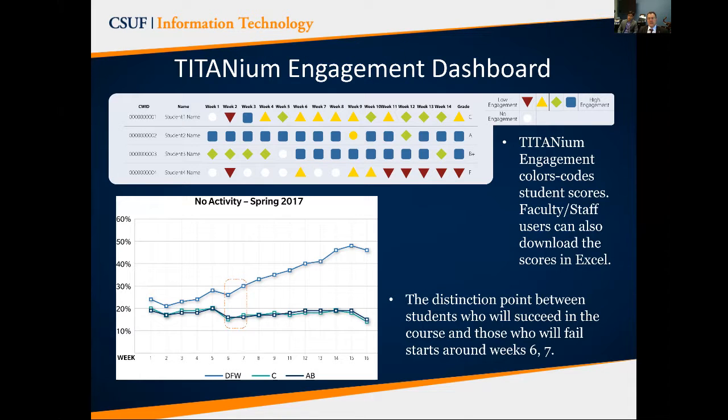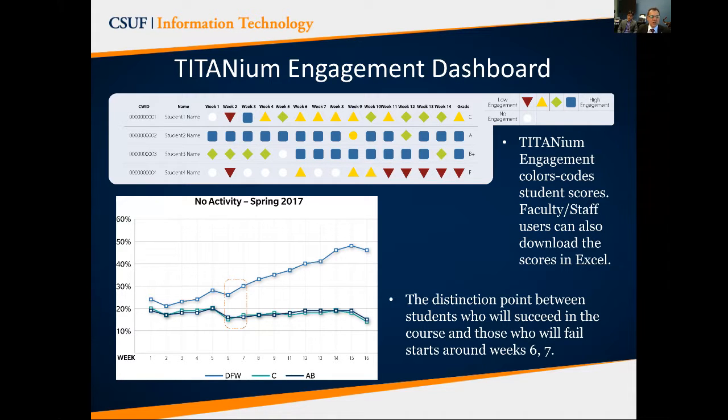Okay, so this is an example of a dashboard. We have it available for students, for faculty, and for advisors. On a student basis, they only see their own classes. For example, for student 001 in week 1, a dot means there was no engagement.